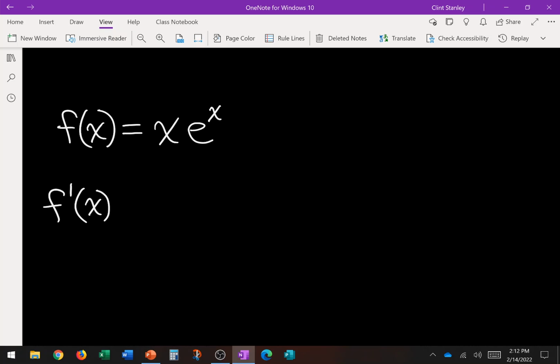Since we're calling this one f of x, maybe we could write down our product rule a different way. Maybe we could use u and v or something so we don't get them mixed up. I think that's the order the text does it in.